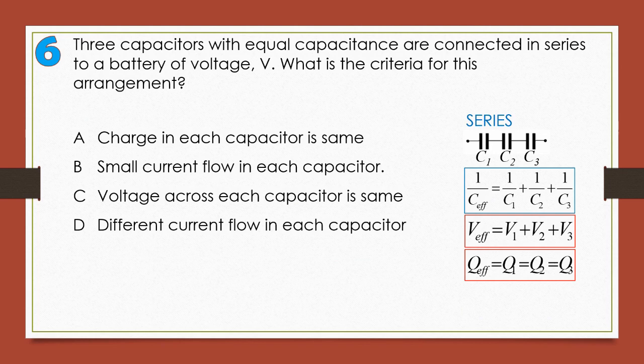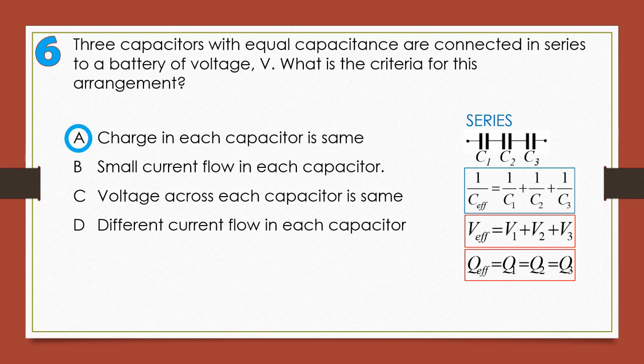Question number 6. 3 capacitors with equal capacitance are connected in series to a battery of voltage V. What is the criteria of this arrangement? So these are all the criteria related to the series arrangement of the capacitors. If we look at each criteria, which represents the capacitance, voltage, and also the charge, we can say that the best answer is the charge in each capacitor is the same.